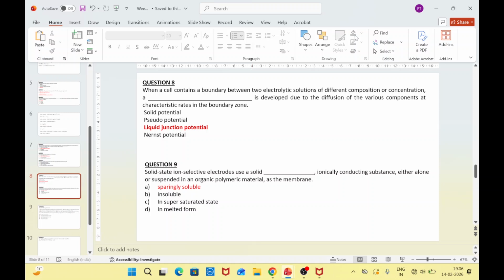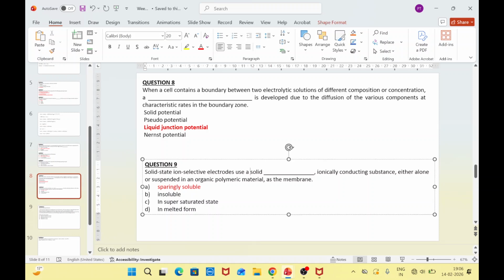That's why you have to read these words together. So a solid state ion selective electrode should use a solid which is ionically conductive and sparingly soluble, in an organic polymer material as a membrane, so that it conducts and at the same time does not get dissolved.